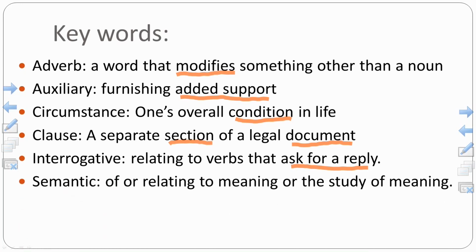Now, semantic. Semantic means of or relating to meaning or the study of meaning. That is called semantics. So these words are given in your unit because it is very important before we move on. It increases our vocabulary, so it is better to understand keywords.